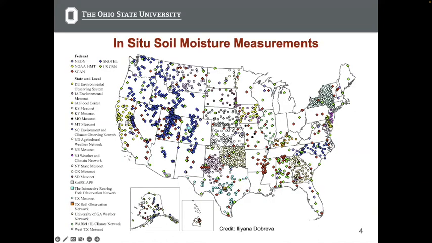So I always like showing this map, and this is one that Todd showed in his presentation. Ileana gets the credit for drafting this. It is always a work in progress. It's always out of date. There were some questions as we produced this, like what about this station? Why isn't this network shown?